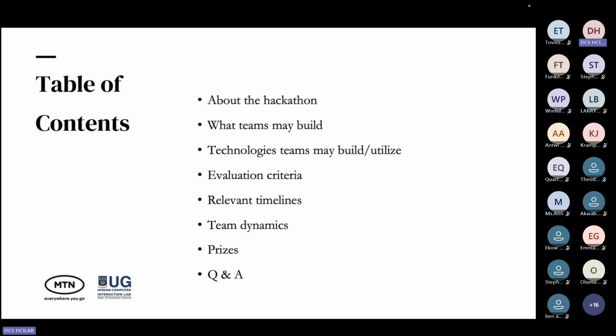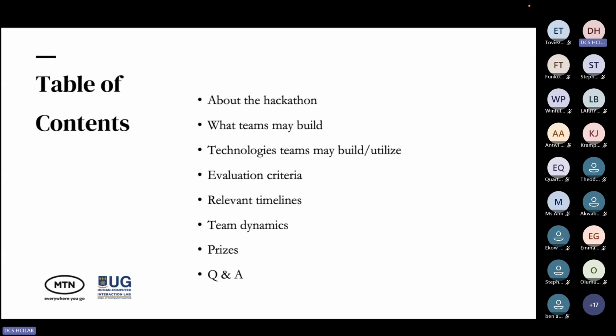At the HCI Lab, our research is mainly focused on advancing AI for low resource environments. And so it should be no surprise why we are the organizers of this hackathon.